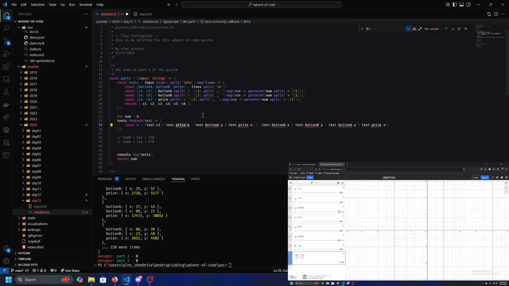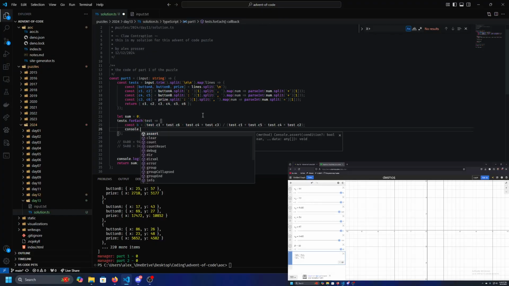Test dot C6 is test dot C4 times test dot C3. Do I have this sample?